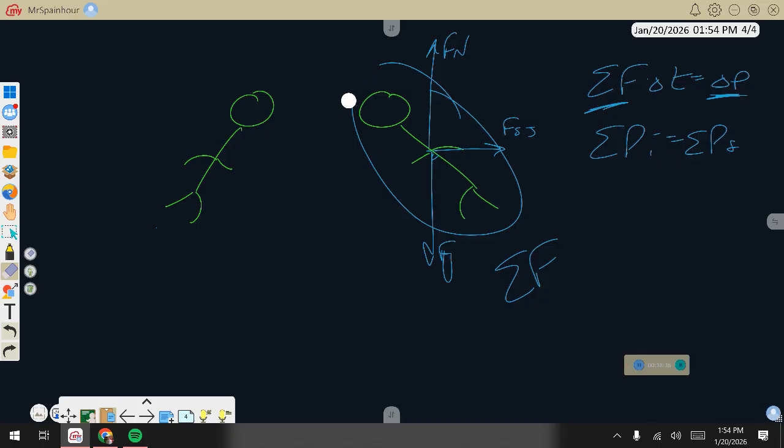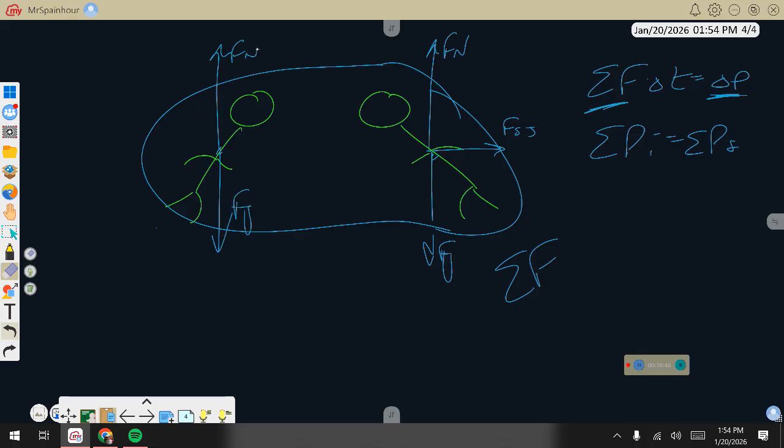Now we look at this system instead, the Stitch Jim Bob system. If we do the force diagram on Stitch, here it is. If I add up all of those forces, is there a net force anymore? No. The net force is now 0.